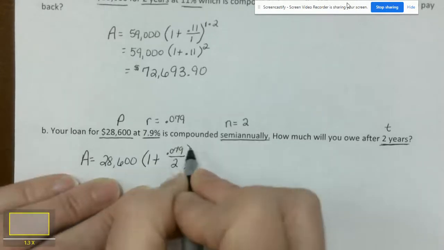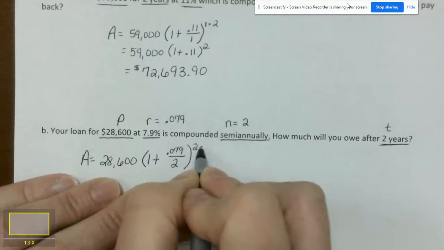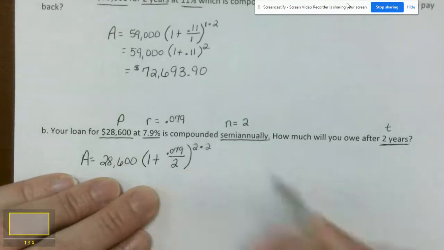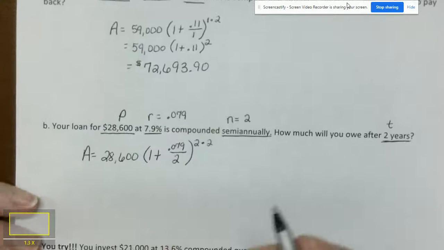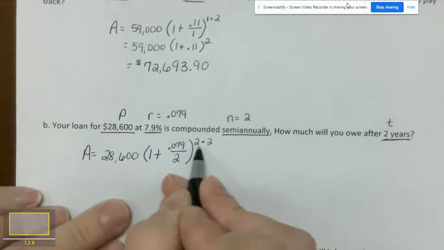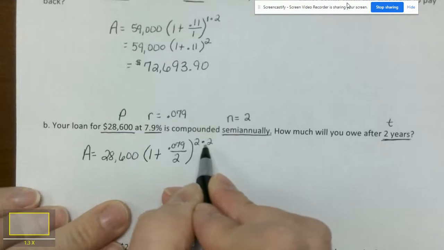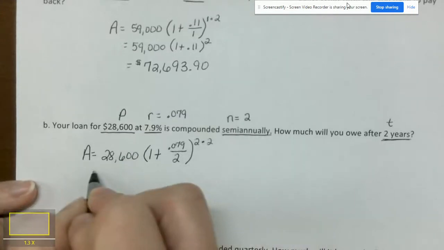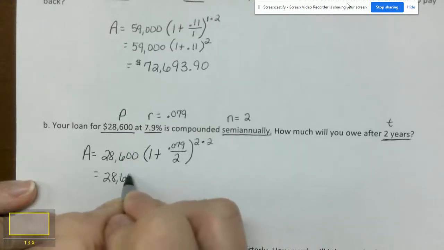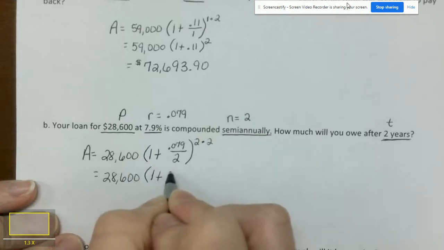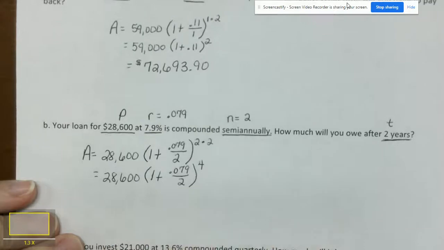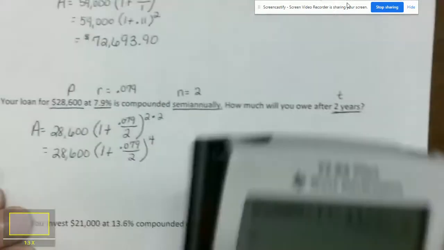And it's raised to the N, which is 2, times T, which is 2 power. Now, I can only simplify pretty much this. I'm not going to simplify this 0.079 divided by 2. I'll just punch that in my calculator. But I can simplify 2 times 2 and make that 4. So I'm going to rewrite this. And that's going to be to the 4th power.